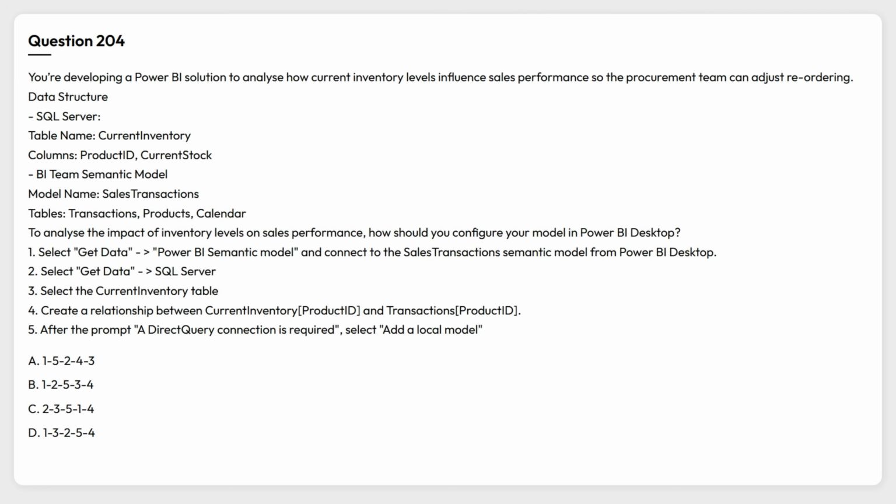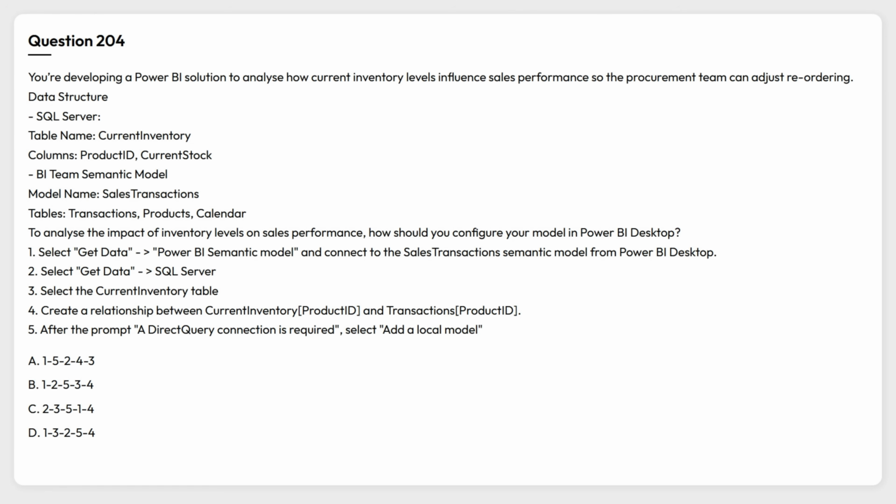To analyze the impact of inventory levels on sales performance, how should you configure your model in Power BI Desktop? 1. Select Get Data, Power BI Semantic Model, and connect to the Sales Transactions Semantic Model from Power BI Desktop. 2.